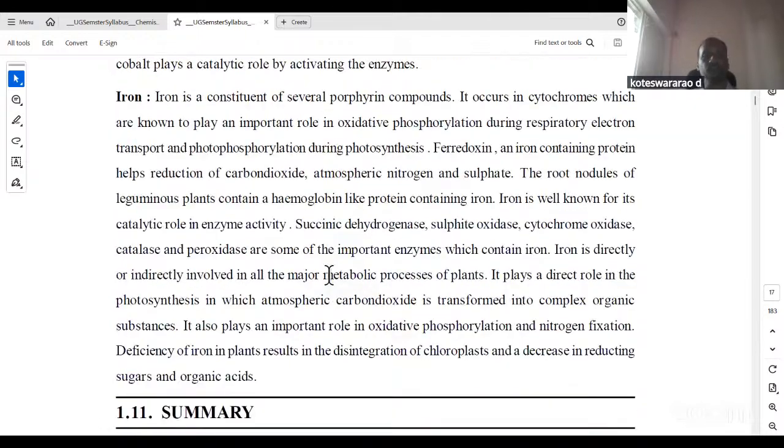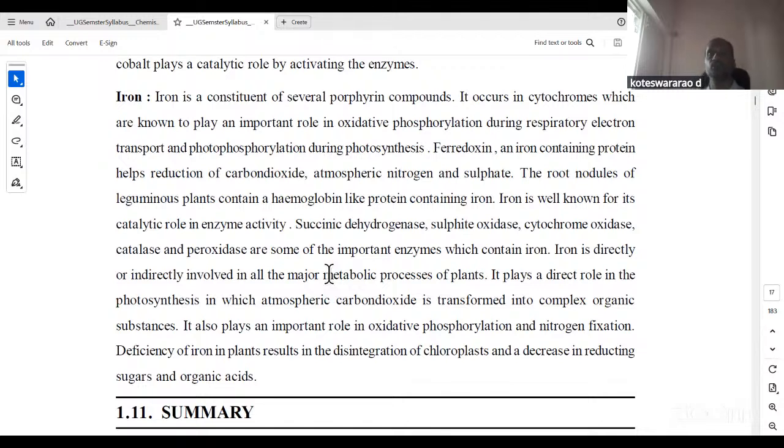Iron. Iron is a constituent of several porphyrin compounds. It occurs in cytochromes, which are known to play an important role in oxidative phosphorylation during respiratory electron transport and in photophosphorylation during photosynthesis. Ferredoxin, an iron-containing protein, helps in the reduction of carbon dioxide, atmospheric nitrogen, and sulfate.